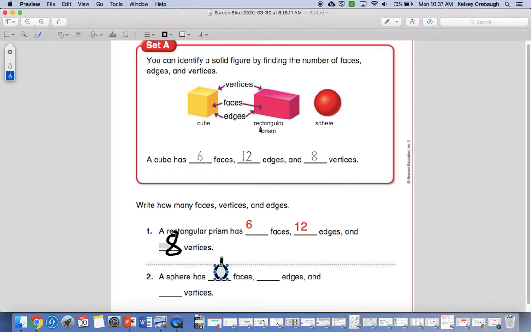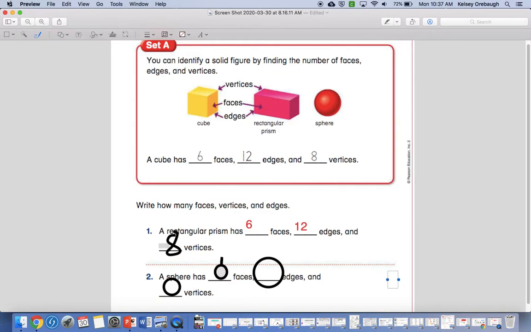Well, if there are no flat surfaces, then there can't be any edges, right? Because edges are where flat surfaces meet in a solid figure. So there are also 0 edges. And then finally, vertices, corners. Are there any corners on a sphere? No, 0 vertices as well. So a sphere has 0 faces, 0 edges, and 0 vertices.